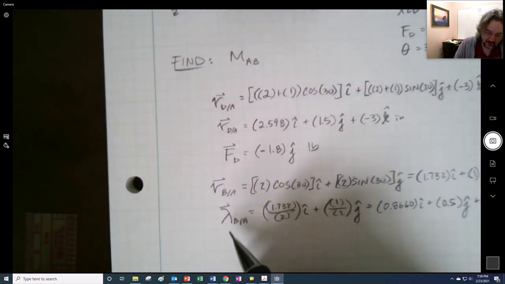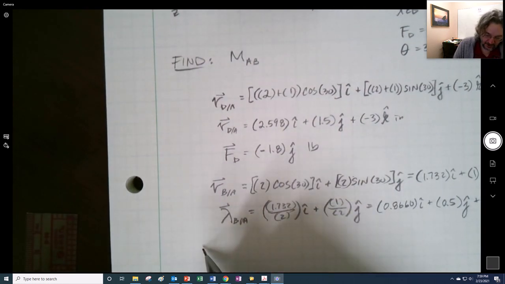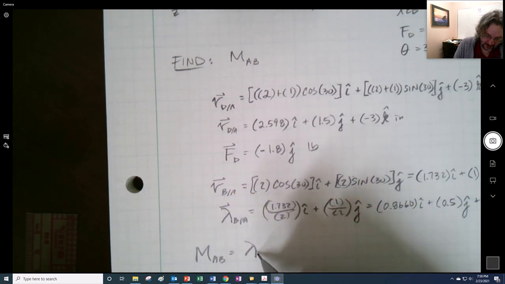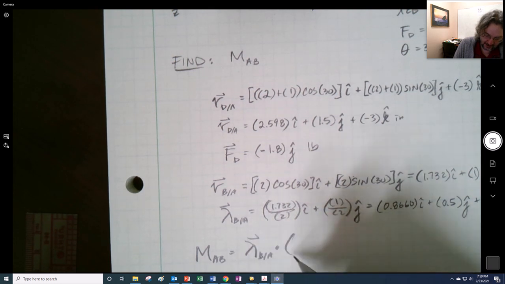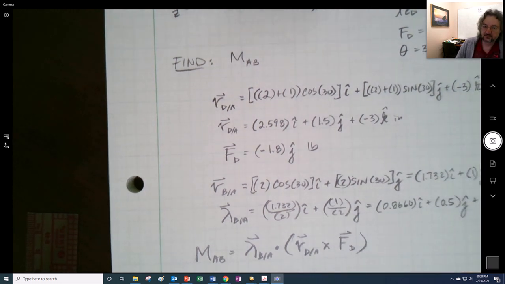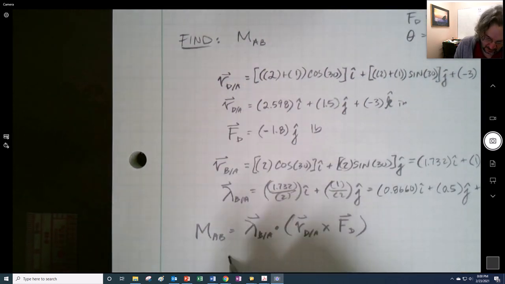So if we're going to do this in the order of operations, the thing that we would want to find, so we could write this out, is M_AB equals lambda B with respect to A dotted against r_D with respect to A crossed with F_D.